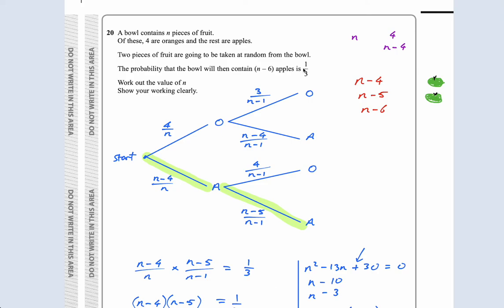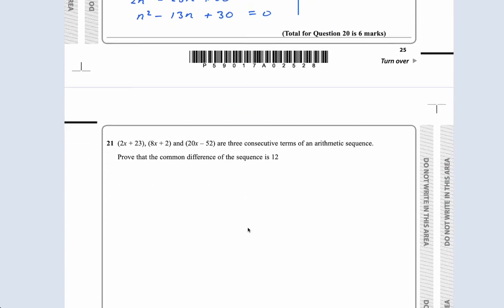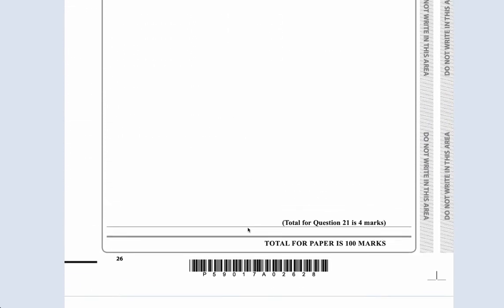Well, 3 actually in this case doesn't make any sense, because 3 minus 6 is negative 3. So you can't have negative 3 apples. So n can't be 3. So we have to say at the end n equals 10. That is the only answer. Okay, yes, that is it. As tree diagram questions go, that's pretty bad. I think, guys, thankfully, this is the last question.